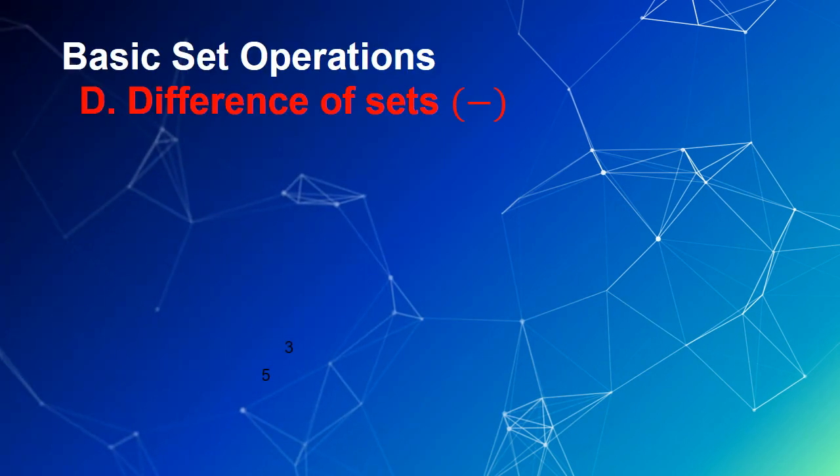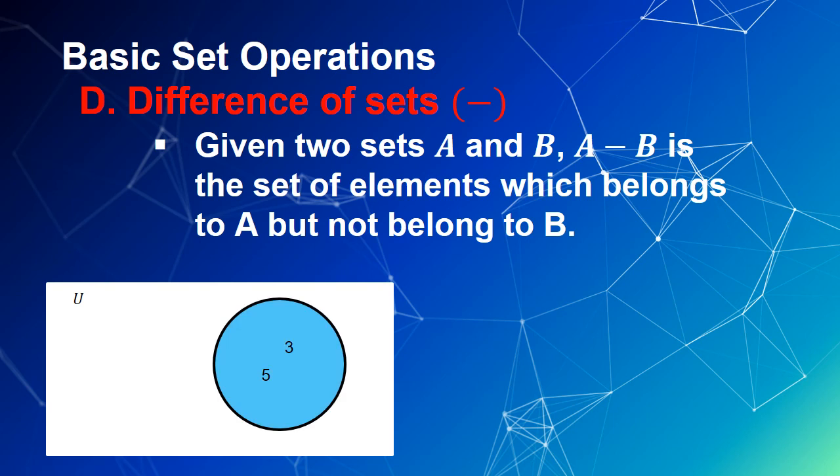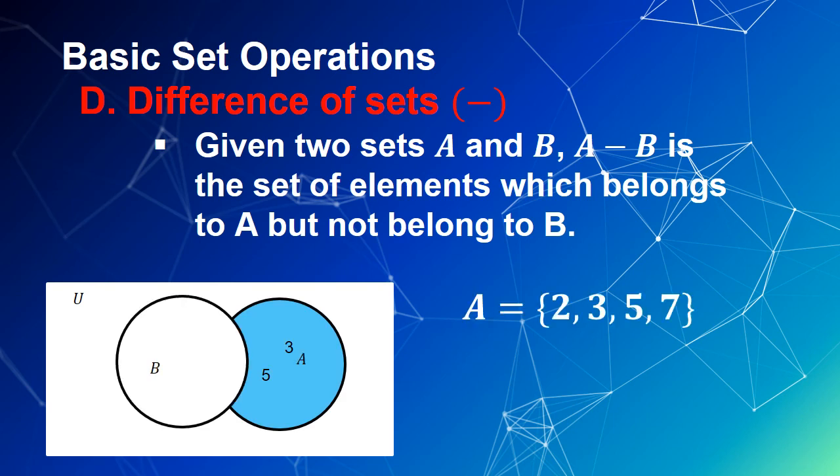The next operation is what we call the difference of sets. This is the opposite of the complement. Given two sets A and B, when we say A minus B, it is the set of elements which belong to A but do not belong to B. We are going to look for the elements present in A but not present in B. Let's say, for instance, we have the universal set containing the elements 2, 3, 5, and 7, and set B containing the elements 2, 4, 6, and 8.